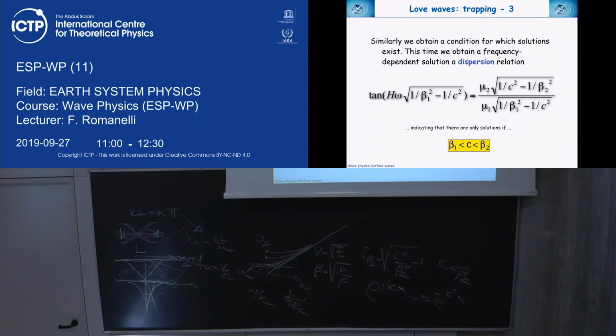But we have a problem here. We have a tangent, so it has infinite solutions. Modes. And it's not linear. For lazy people, the game is over because we cannot solve it. For not so lazy people, we can use plots and look for the solutions.